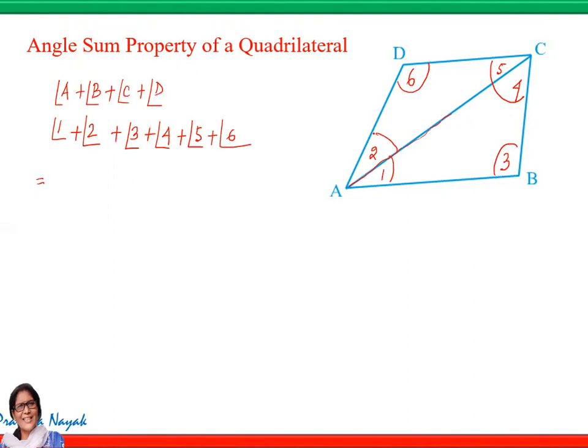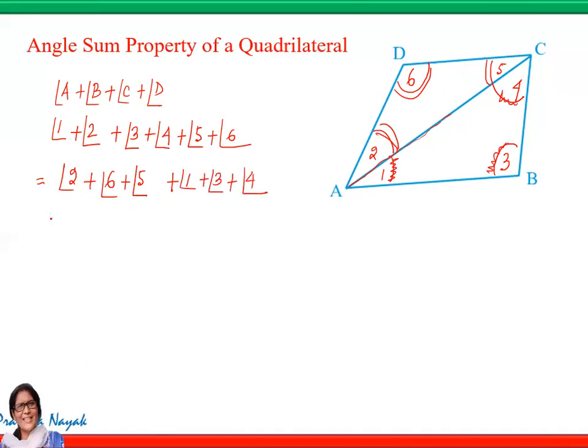Now, if you observe, 2, 6 and 5 make 180 degree because this is the angle sum of triangle ADC. So angle 2, angle 6, angle 5, I am separating them. And the rest is 1, 3 and 4. 1 plus 3 plus 4.